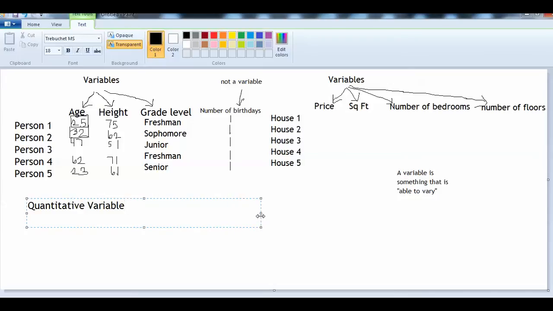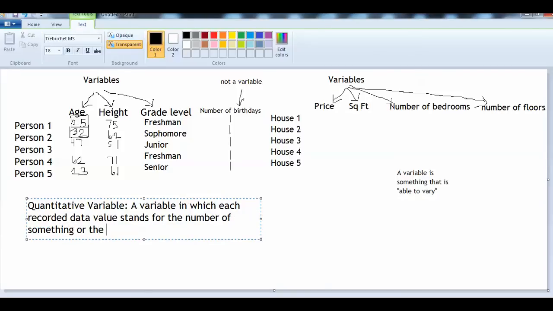A quantitative variable is a variable in which each recorded data value stands for the number of something or the amount of something, meaning a quantity.